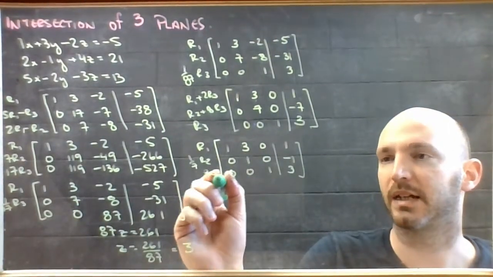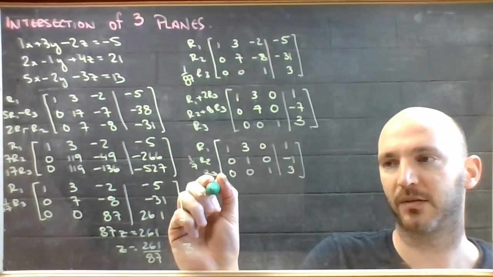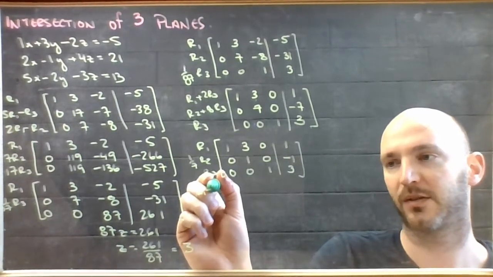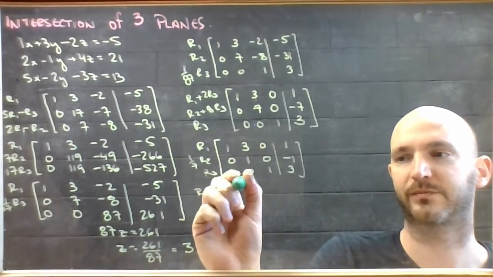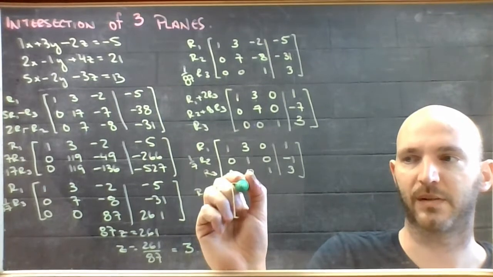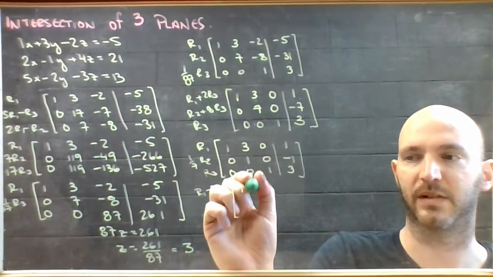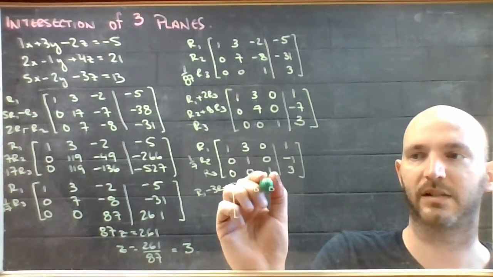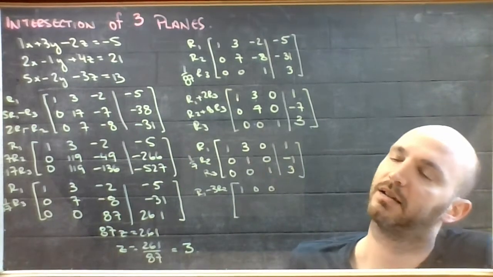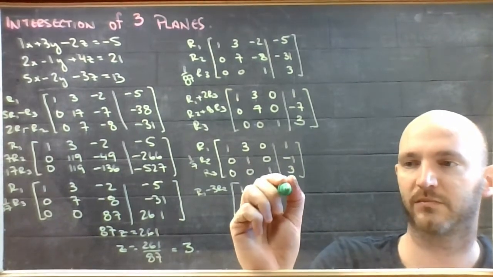Then I'm going to take R1 and subtract 3 R2s. So I have 1, 3 minus 3 of those will be gone. That's gone. 3 minus negative 3 would be 4.